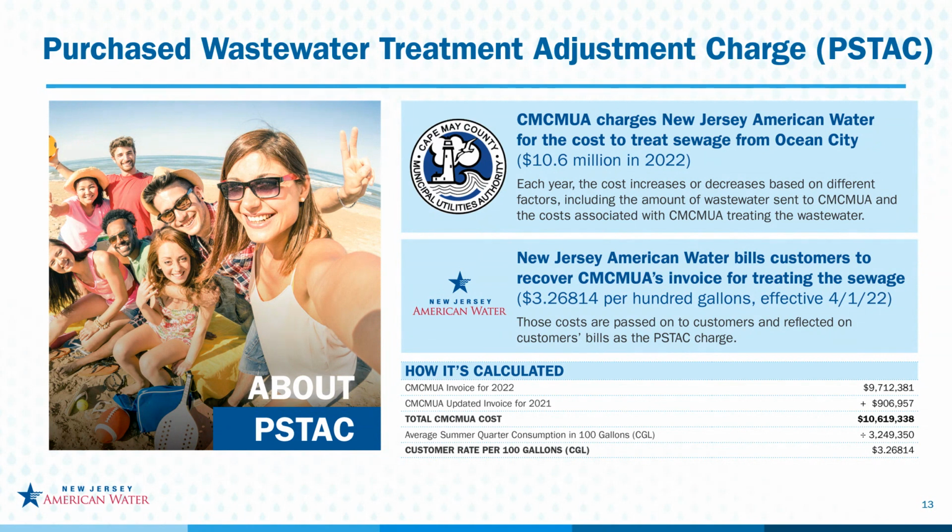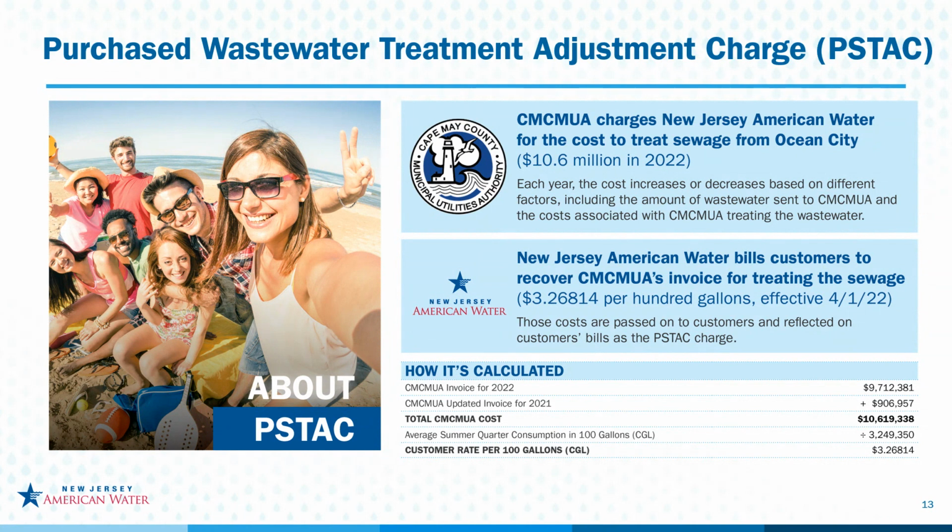So, again, in other words, the company pays the CMCMUA bill on its customers' behalf and then is reimbursed by passing the cost for treatment through to the customers. All of the revenues collected for the purchased wastewater surcharge, all of the revenues that are paid by the Ocean City customers, are used to cover the cost of CMCMUA's wastewater treatment charges.